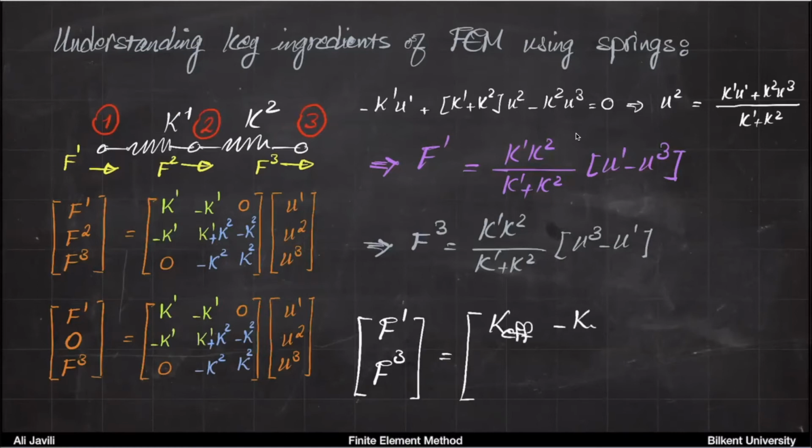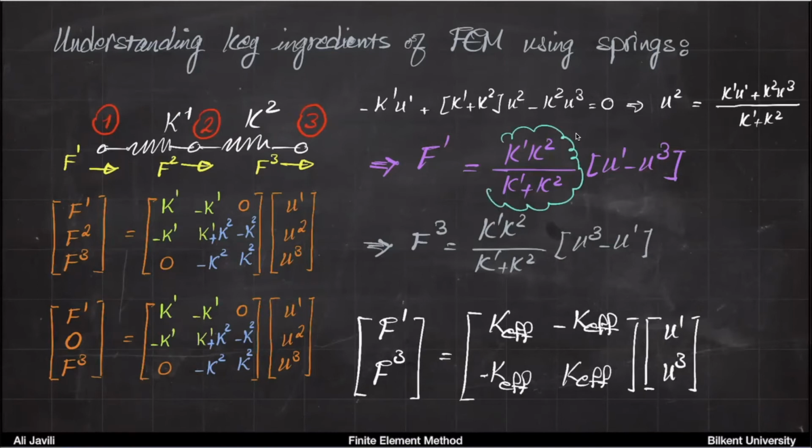K effective, minus K effective, minus K effective, K effective, times U1, U3, where K effective is defined as this. So this is your K effective.